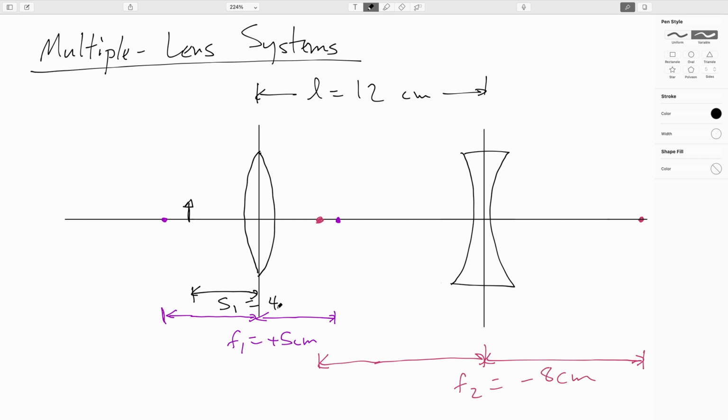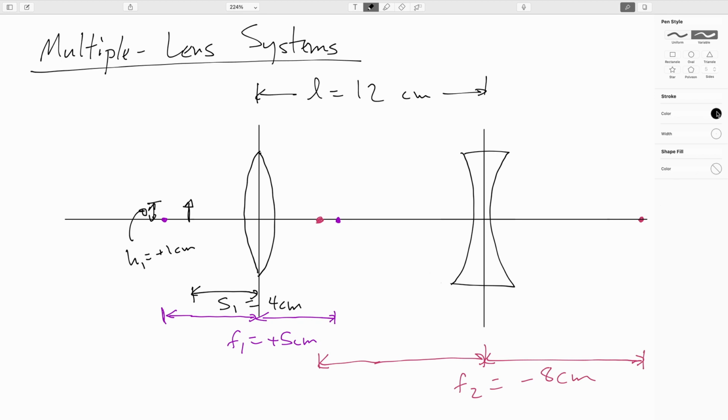And we are noting that is 4 centimeters. And we will go ahead and dimension off its height. And again here, because we'll have multiple heights to keep straight, we'll call this H1 is +1 centimeter. Okay, and so what we want to know is where will the final image due to the pair of lenses be located, and what will its final height be?